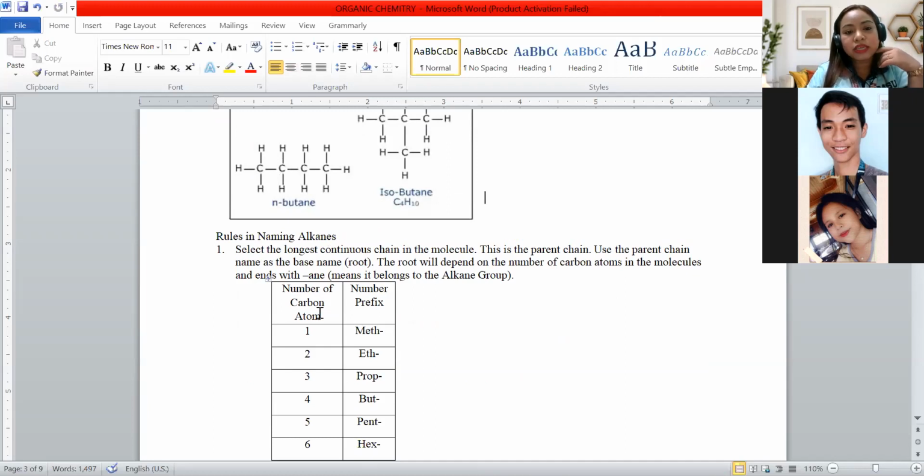Number 1 is we select the continuous chain in the molecule. This chain becomes our parent chain. So say for example, I have here C, C, C, and then C, C, C, C. I have here another C, another C, another C, and another C. Say this is connected to that one.